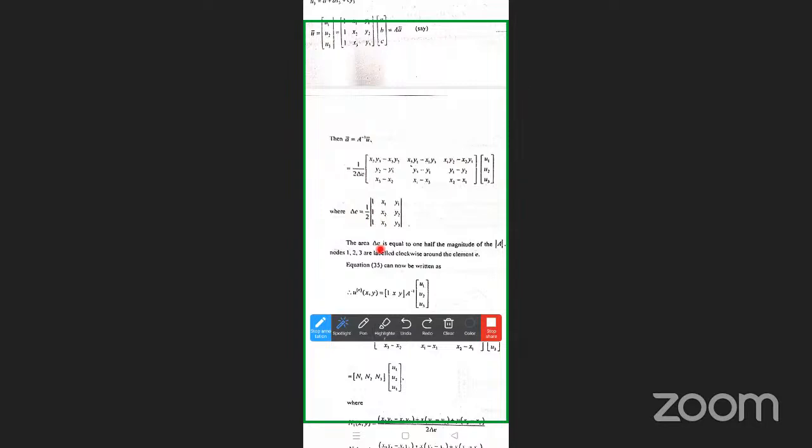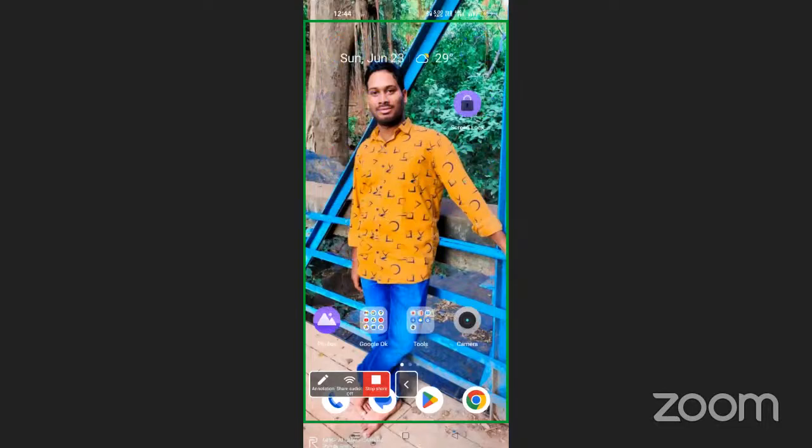So the area delta E is the magnitude of this; the triangle area is equal to half of the magnitude of det A.